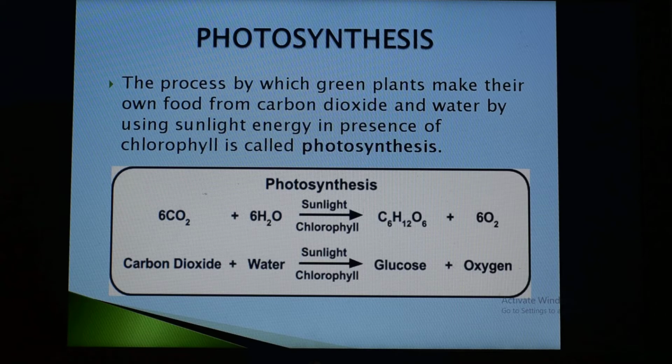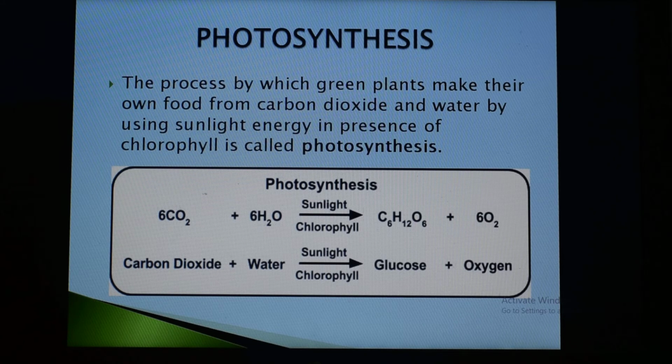The leaves of a plant can synthesize food. Thus, they can not only synthesize but also store food. So, we call leaves the food factories of a plant. Usually, other parts of the plant cannot synthesize food because they do not contain chlorophyll.